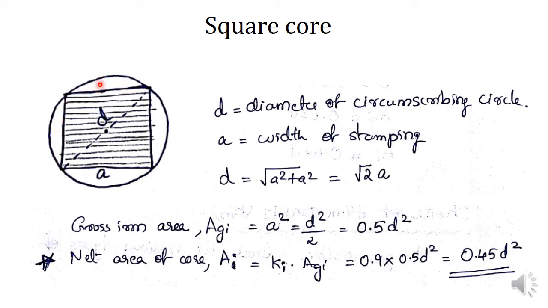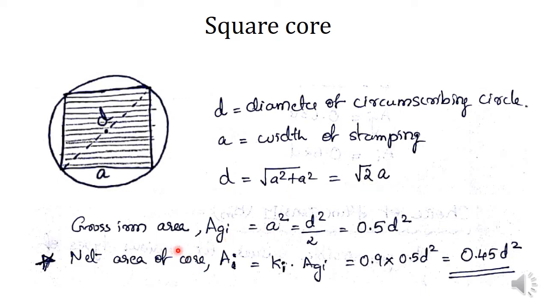And the circle is the circumscribing circle. The circumscribing circle touches the four corners of the square core. So small letter d is the diameter of the circumscribing circle. So in terms of small letter a, the side of the core, we can represent d. d is equal to root 2 a.